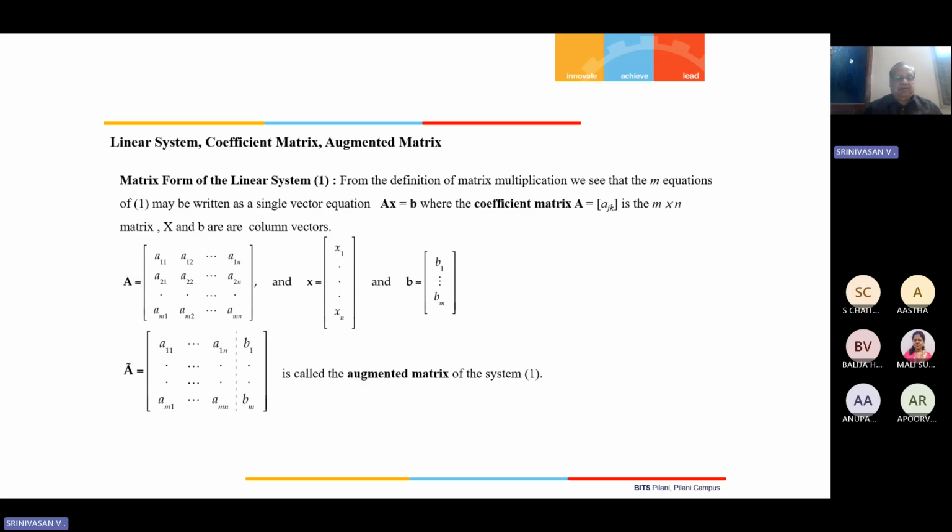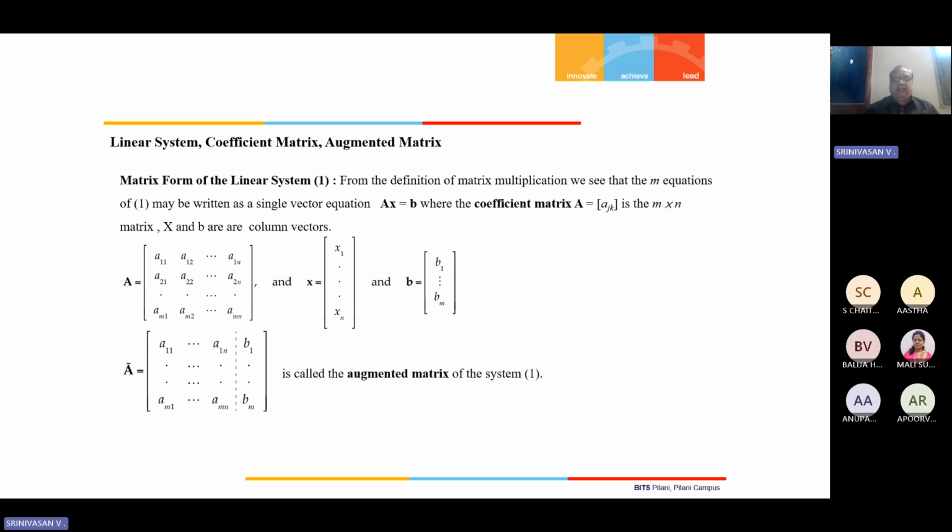I have mentioned in the beginning itself that you can have capital X, or you can have small x in bold face, so as to mean it is a vector. Similarly, small b in bold face to mean a vector. Otherwise, if you take it as a column matrix, you can take it as capital B, nothing wrong.